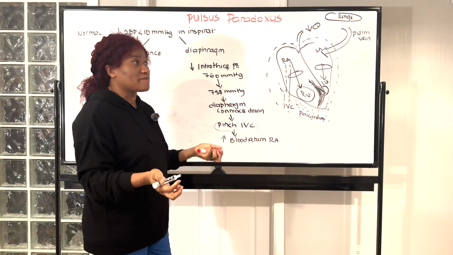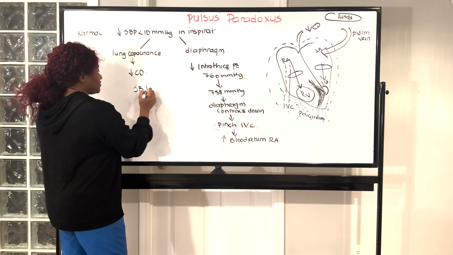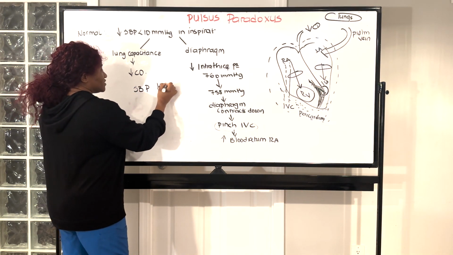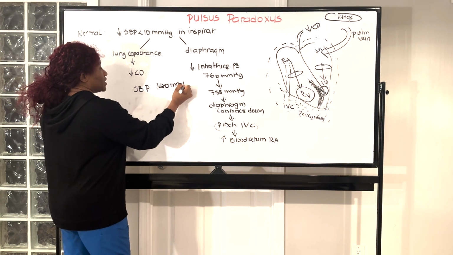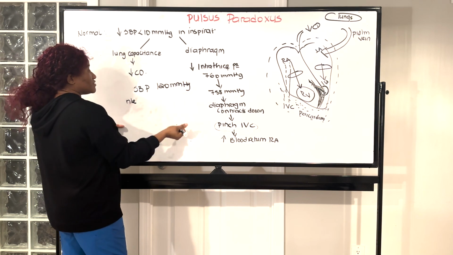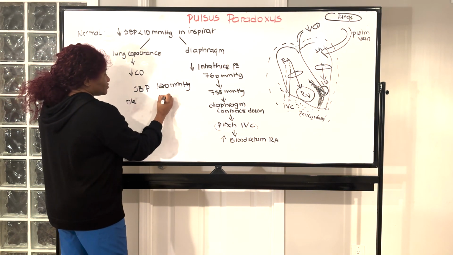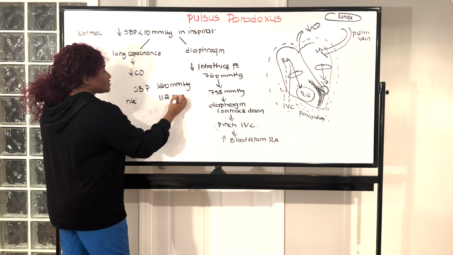This gives us a bigger drop in the cardiac output, and that's how we have a drop of even more than 10 millimeter of mercury. So normally, if we have a systolic blood pressure, let's say 120 millimeter of mercury, in normal condition, pulsus paradoxus is less than 10. If we have a drop to 112, this is normal.